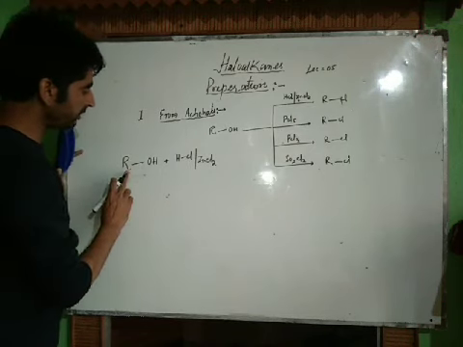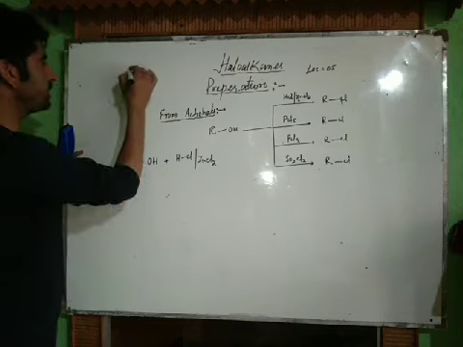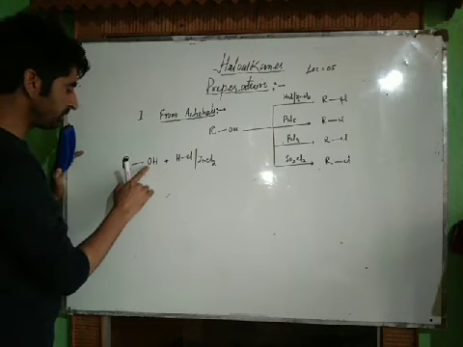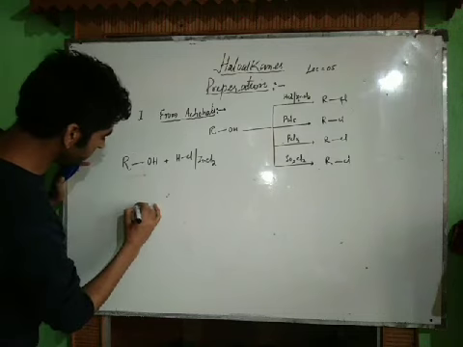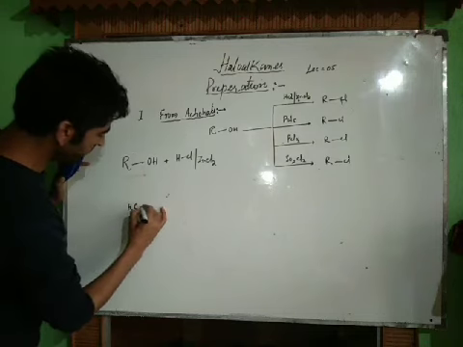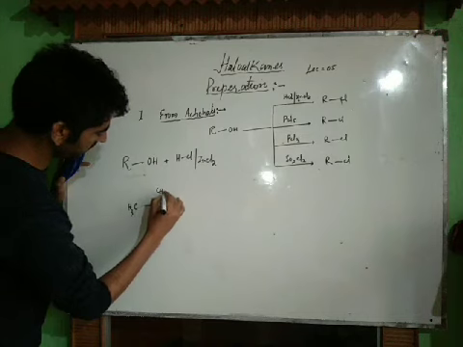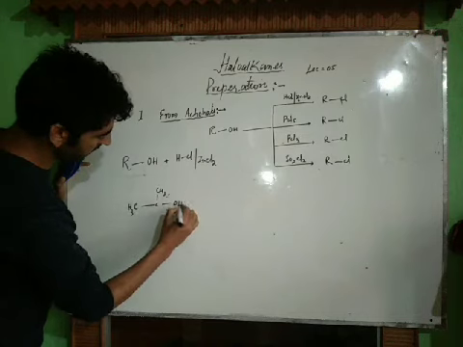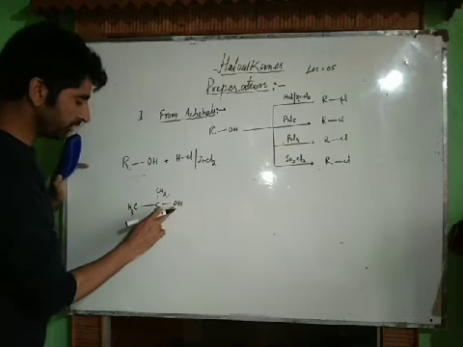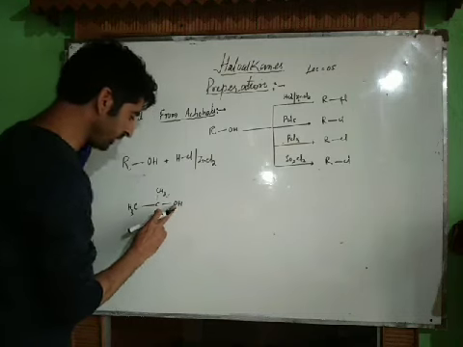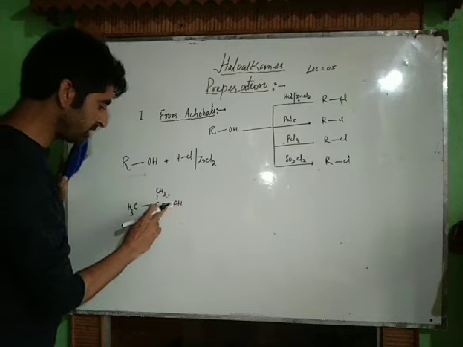Whenever we have an alcohol, the oxygen is bonded to the carbon atom. For example, let us take CH3OH. This is our alcohol. This OH is bonded to the carbon atom. Since oxygen is a very electronegative atom, this is a very strong bond.